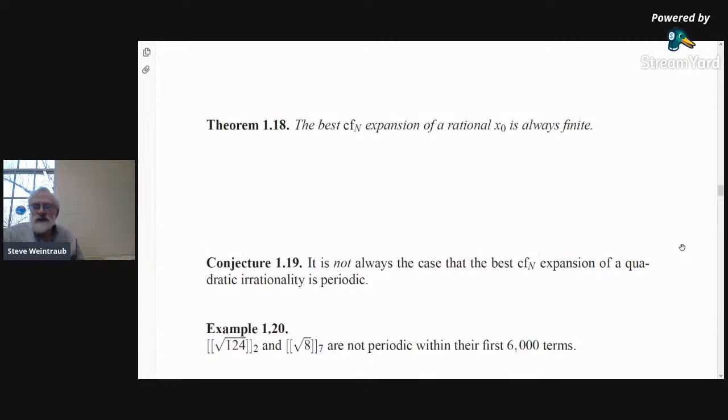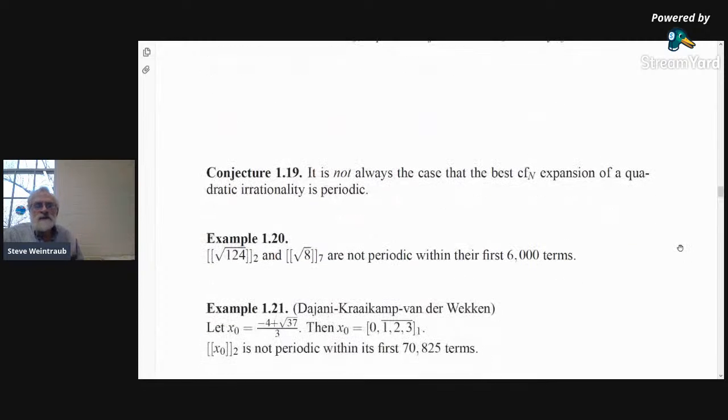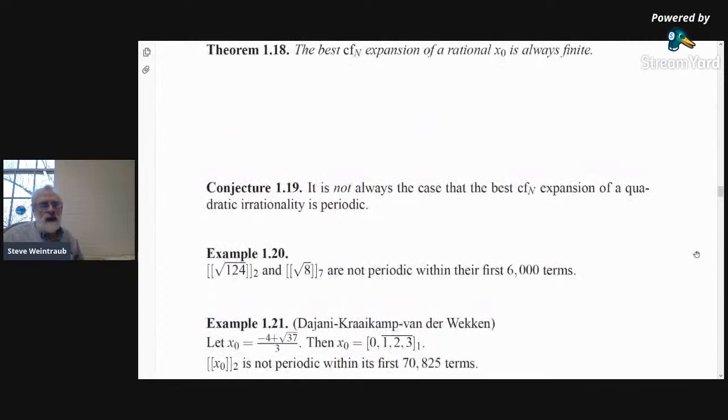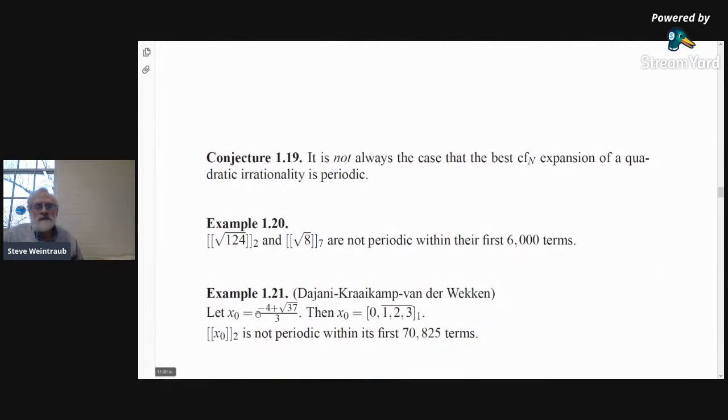And if you think 6,000 isn't good enough evidence, well, some Dutch mathematicians got interested in this, and they looked at the number x of 0, which is (-4 plus the square root of 37) over 3. There's nothing magical about x of 0. They simply chose the number with classical expansion 0, and then 1, 2, 3 periodic of period 3, starting with a sub 1.